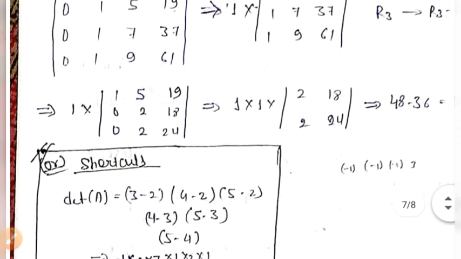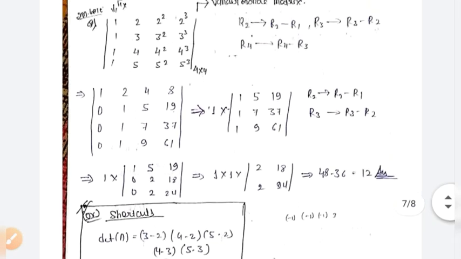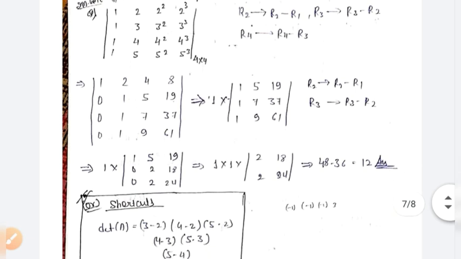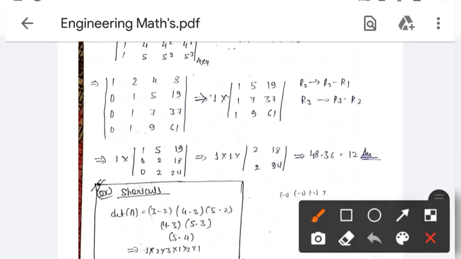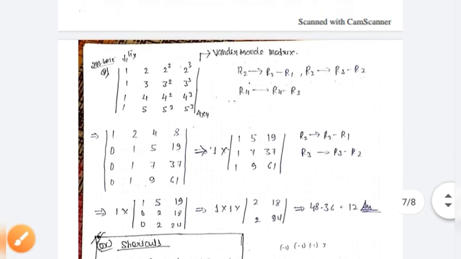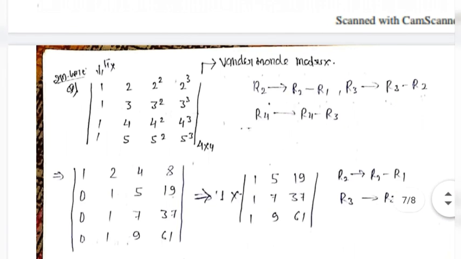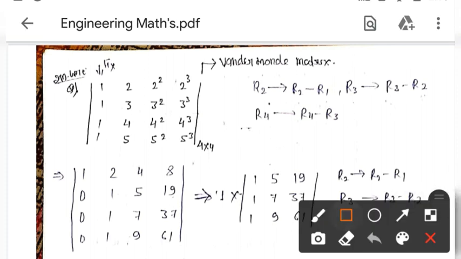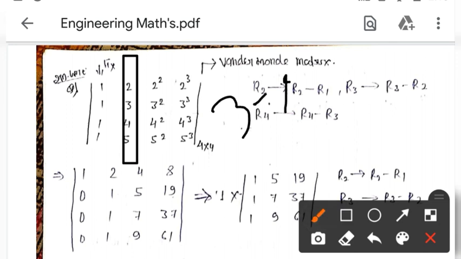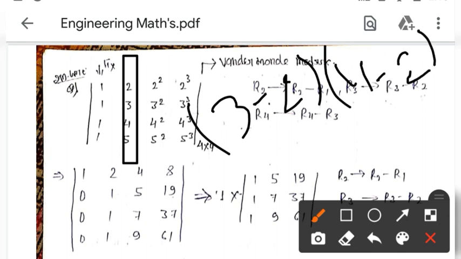Okay, the shortcut is that you subtract: 3 minus 2, next 4 minus 2, you just look at the pattern, next 5 minus 2. Okay, this is done.